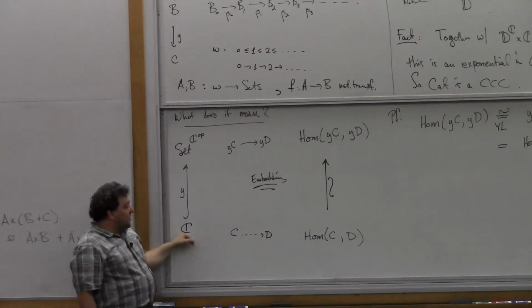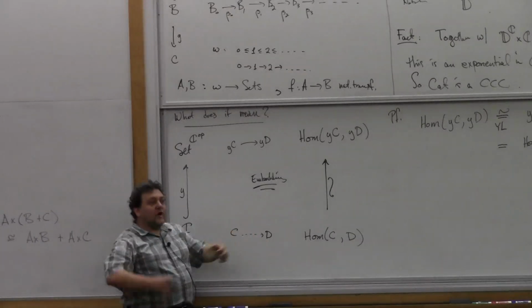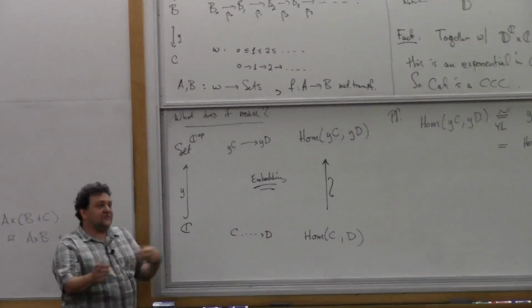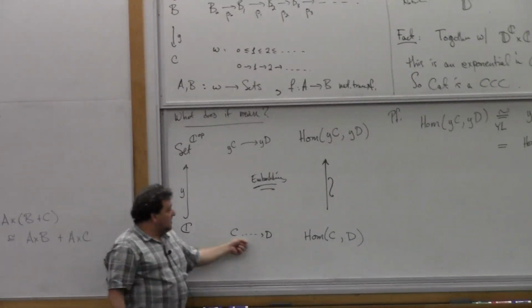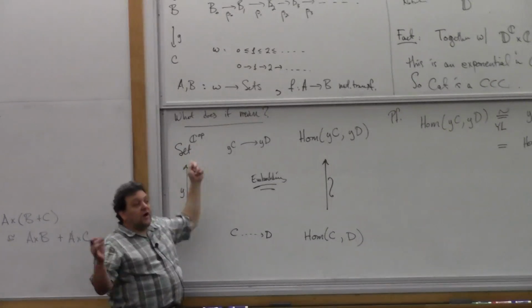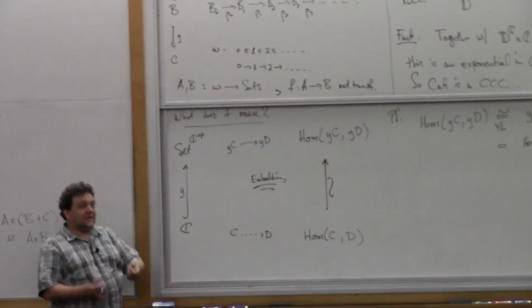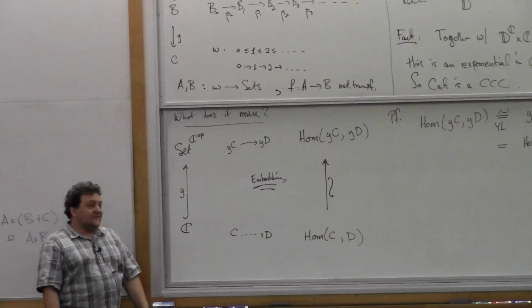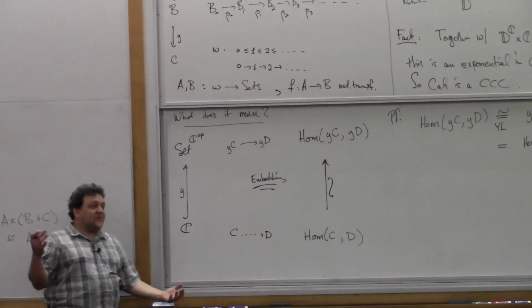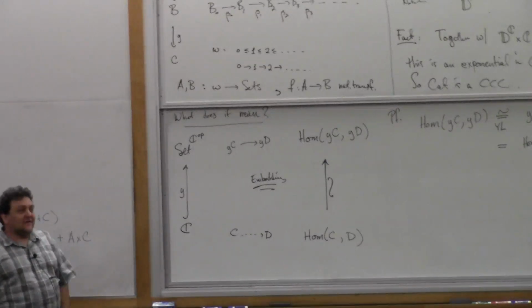You take any category, you take any objects in the category, you want to prove something about them, but you don't know what to do because your category doesn't have much stuff in it. Well, you apply the Yoneda embedding, you get it up here where you've got all this machinery to work with, right? The calculus, everything you want. It's got the second order lambda calculus up there, right?